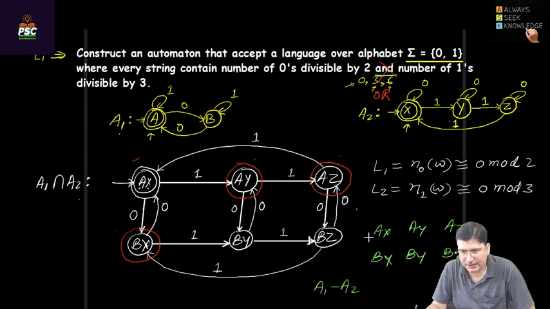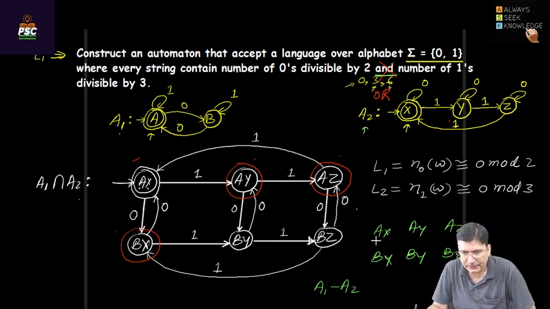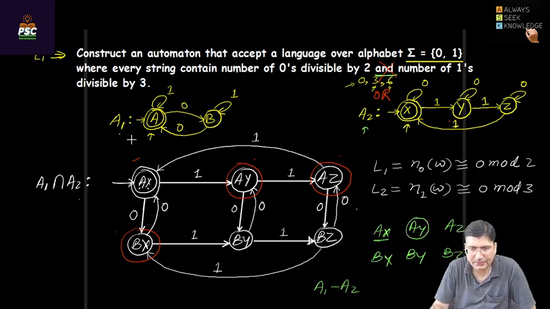In this case, all such combinations with A, like AX, AY, AZ, will become final, where the final state of A2 is not involved. So here, if I consider AX, X is the final state in A2, so this will not become the final state. But AY will become the final state because A is the final state of A1.